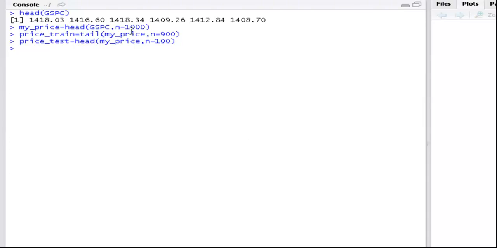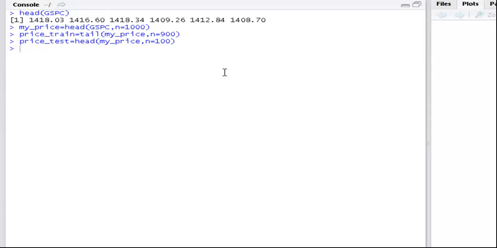So I'm not using the entire price data here. This is the last 1,000 days worth. And then I'm putting the most recent 100 days into price test. Now I could have actually used GSPC here. It should be the same.